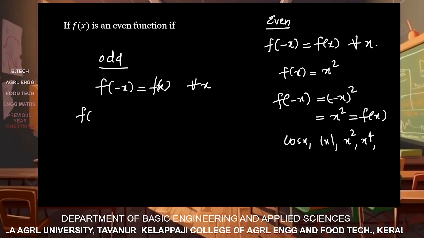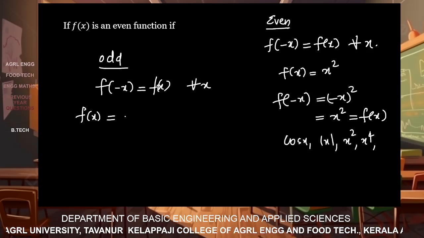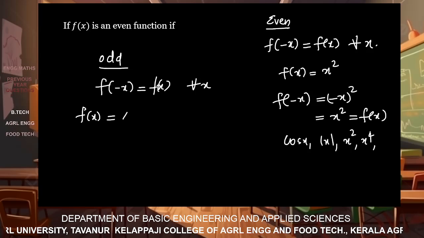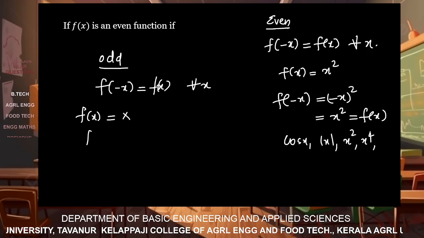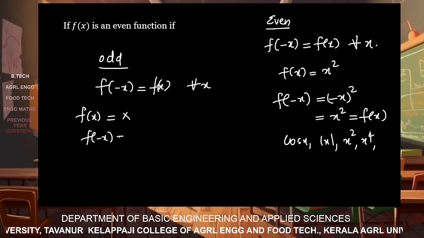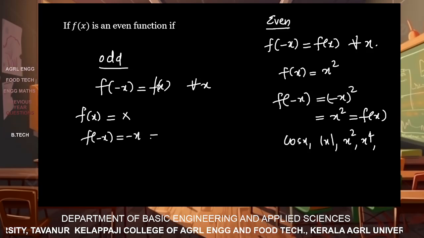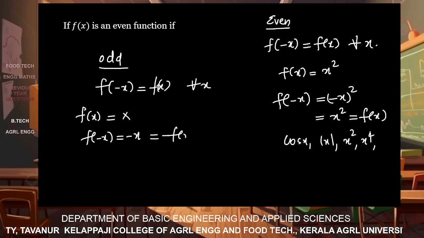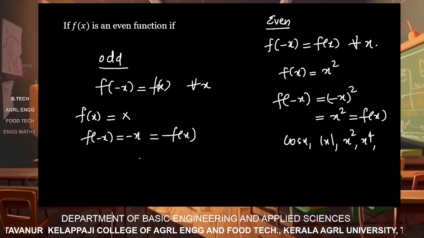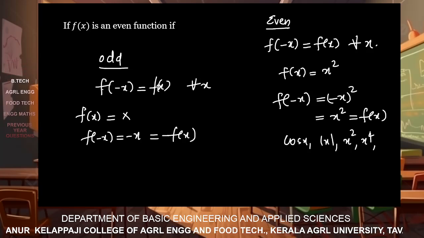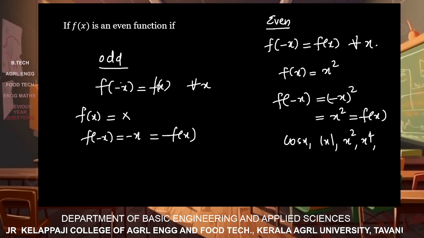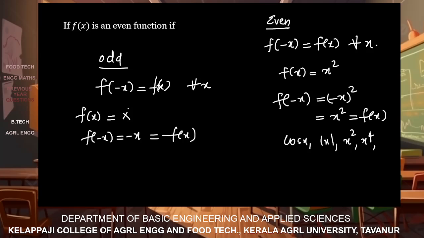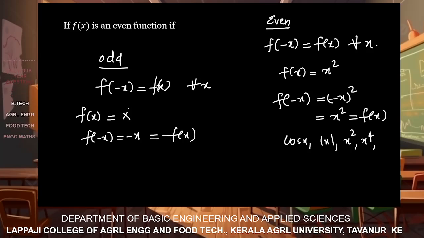For example, if I take f of x equal to x, simply x itself, what will be f of minus x? f of minus x is minus x, which is nothing but minus f of x. That means when we change x to minus x, the output also changes its sign.